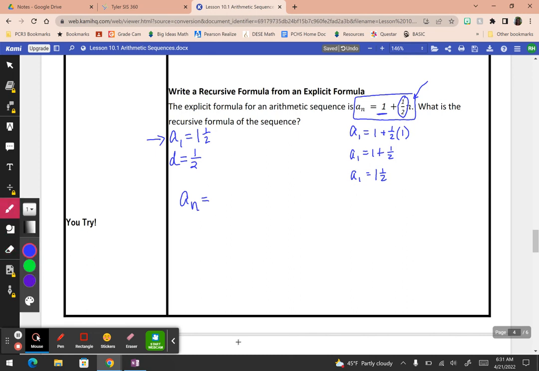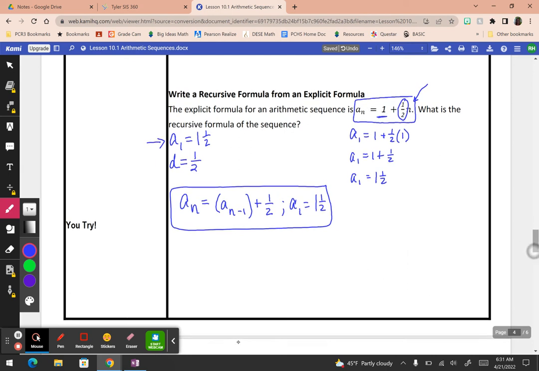Then I start with the previous term, a sub n minus 1, right? Plus my common difference, 1/2. Okay? Then I have to tell where I'm starting from. So my first term is 1/2. This is just a semicolon. It's not part of the actual equation. Okay? It's just separating those two things.